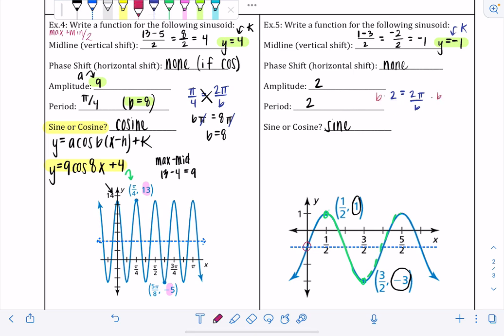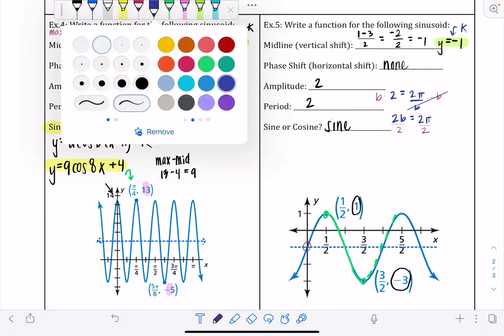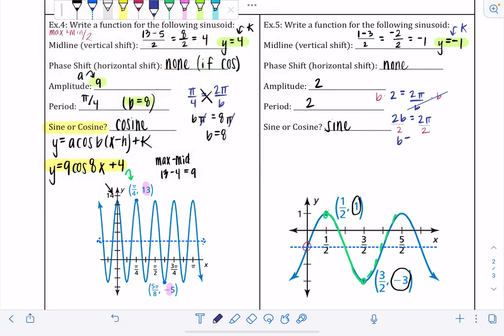Then I have 2b equals 2 pi. That gets rid of the b down here, that's why we multiply both sides by b. And then from there, I can divide both sides by 2 to get b by itself. So there are lots of different approaches, not just one clean cut way to do it. Divide both sides by 2, all the 2's cancel out, and you're left with b equals pi.